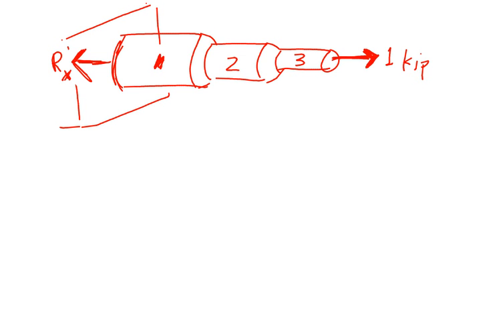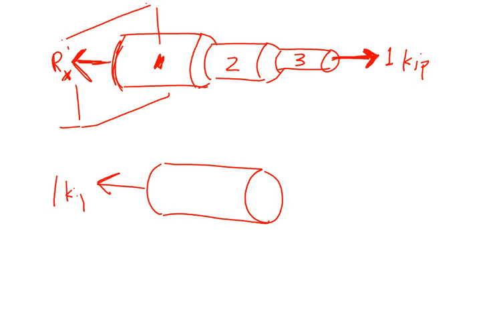So how do I do that? If I look at segment 1, okay, I know that in segment 1, I've got this force now, that's one kip pulling towards the left, right? And segment 1 must be in equilibrium.